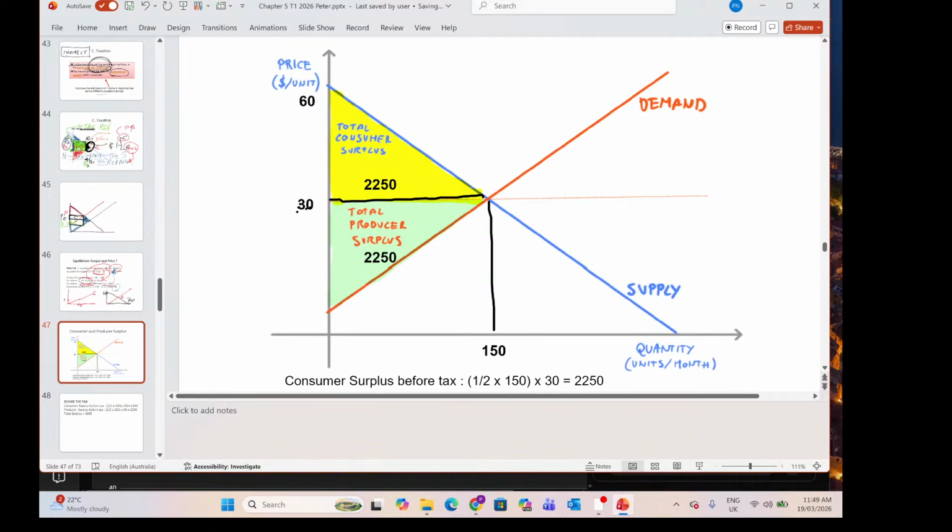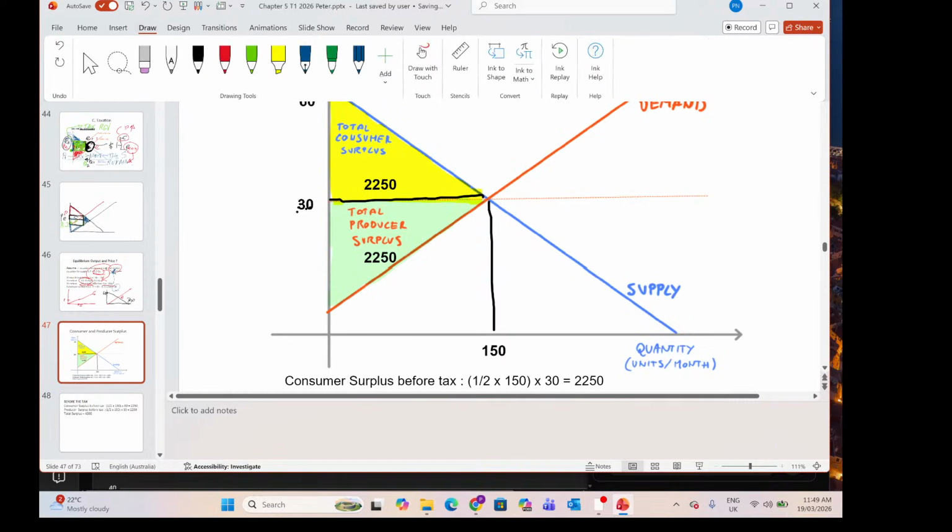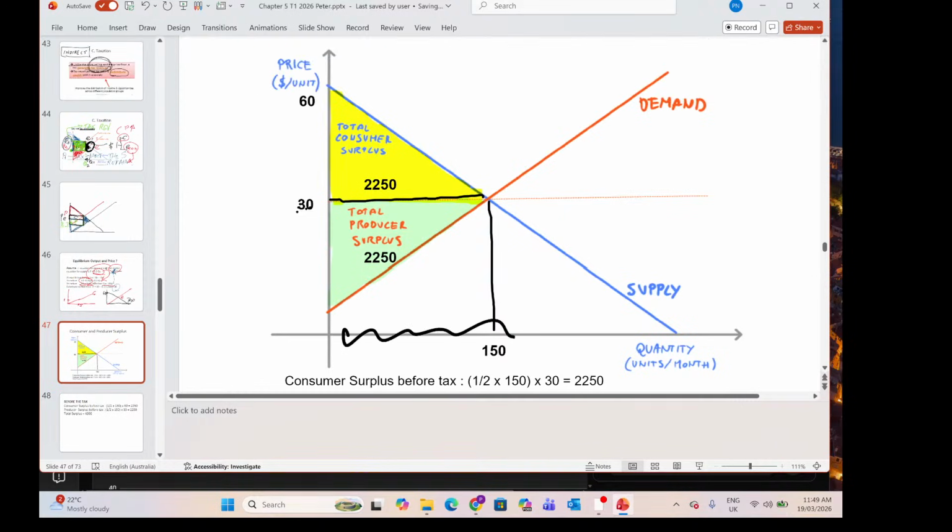Now, bear in mind there is a little mistake on this diagram. The axis is not actually along here. The axis is here. That's the origin there. It has to be that way because the supply curve starts at the origin in this example.